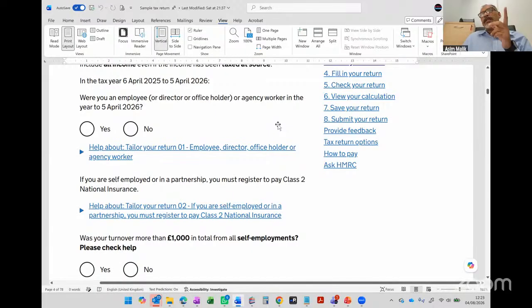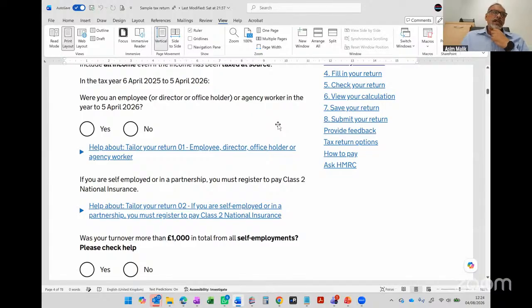It's worth mentioning the distinction between a hobby and a business. Previously, HMRC had a vague definition of a hobby. Tax is only payable if you're running a business. For example, I've got a client who refurbs classic cars as a hobby.